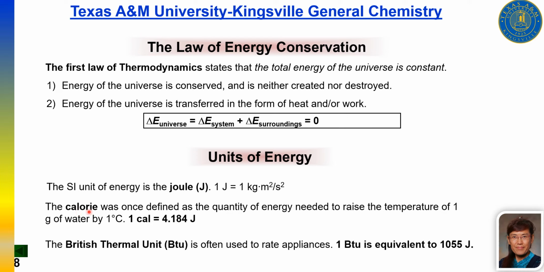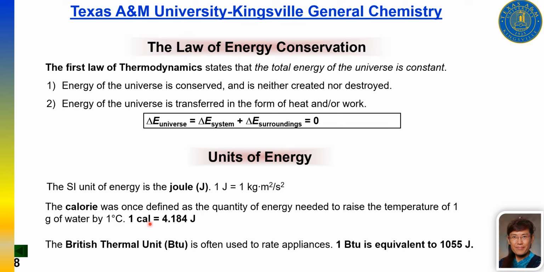The calorie was once defined as the quantity of energy needed to raise the temperature of 1 gram of water by 1 Celsius. So that energy required is called a calorie.